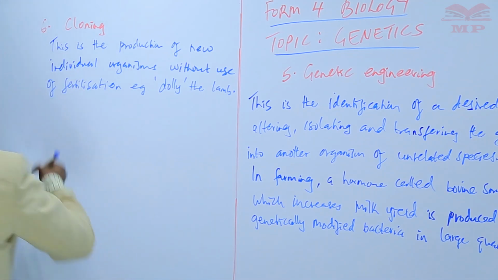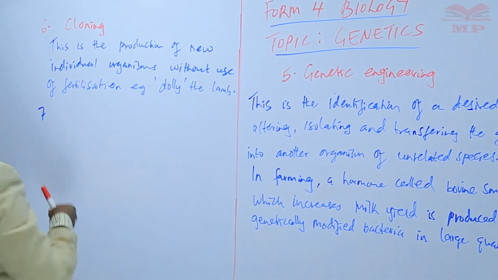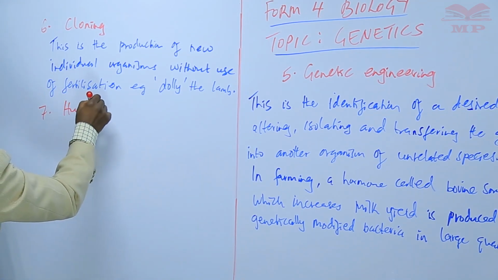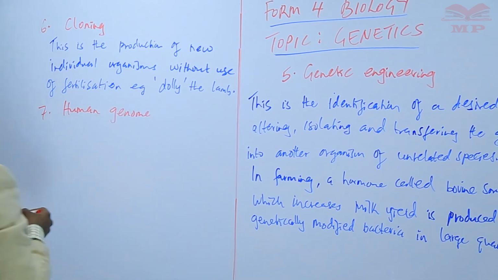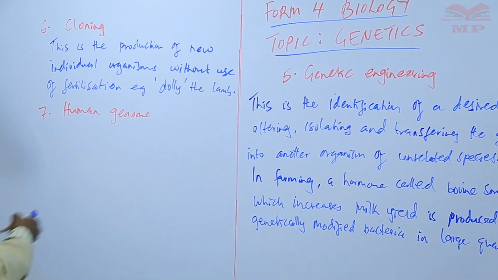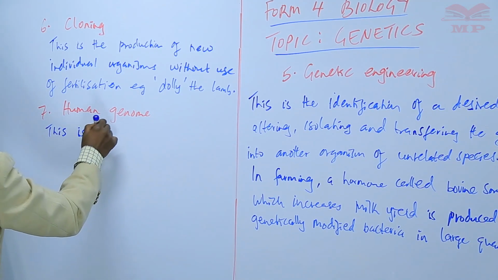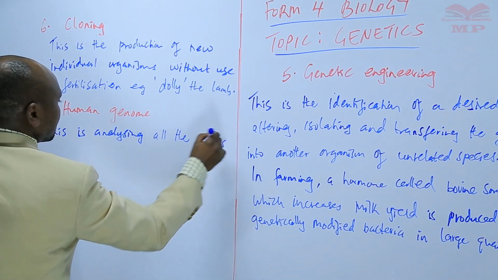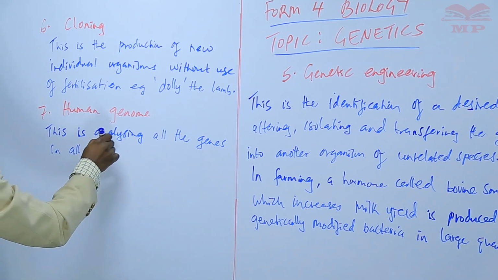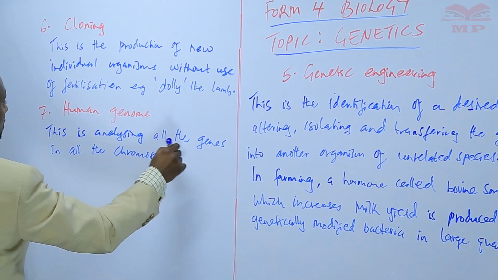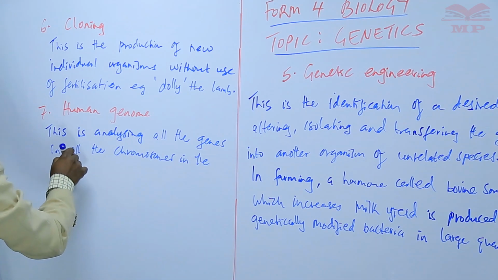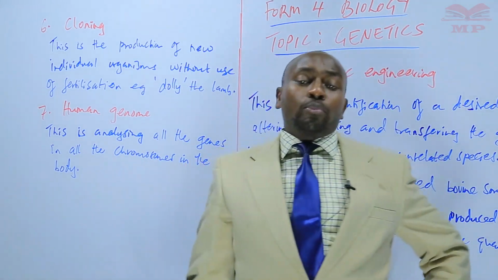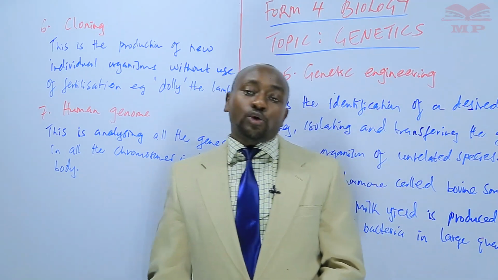Another application is in the human genome, and this is analyzing all the genes in all the chromosomes in the body to know, for example, the position of the gene that causes a particular disorder.